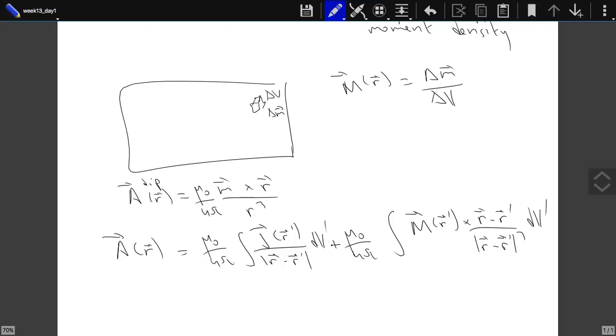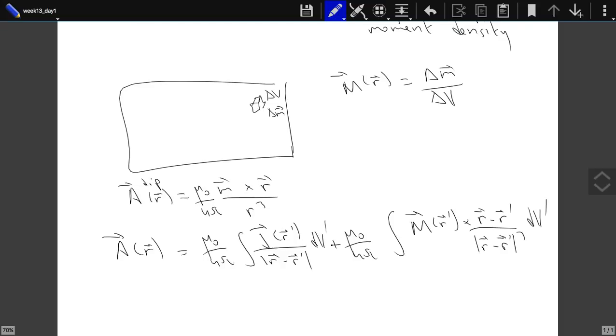Now just keep in mind, when we are talking about a single dipole, we use this notation R, but this R is not the position vector of my point relative to an arbitrary origin. This R is the position vector, relative to the dipole, of the point at which I'm evaluating the vector potential.